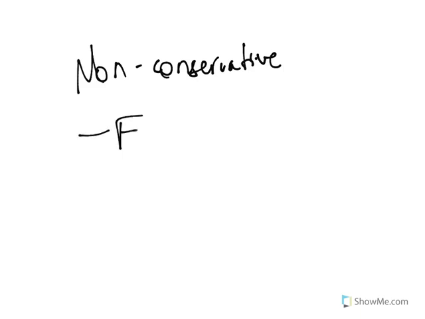Non-conservative forces are the ones which lose energy. That could be friction. So the system that is in friction loses energy due to friction. It could also be air resistance.